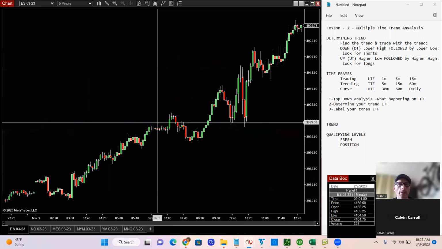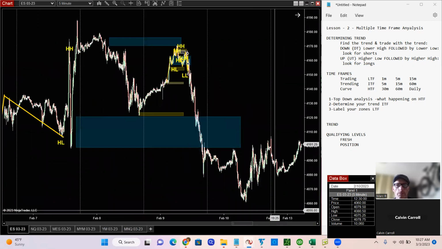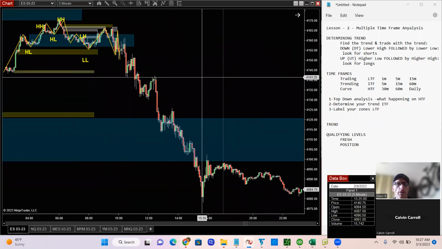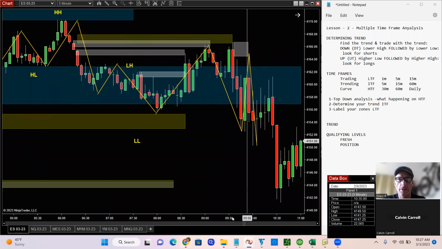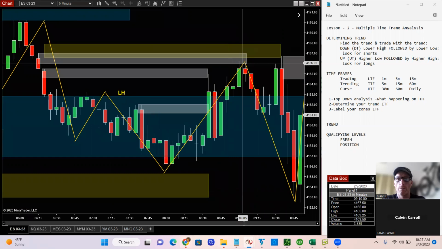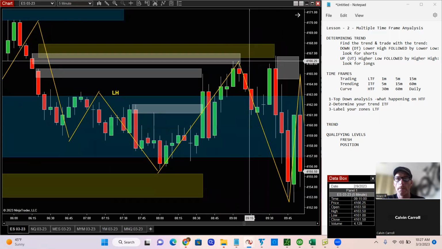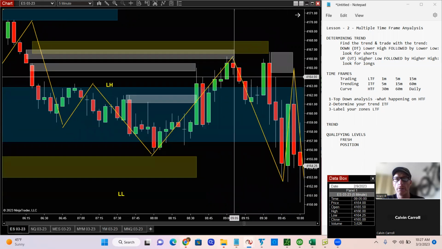Go back to a 5 real quick. See if I'm right. What would you see on a 5 minute chart? You would see that from here, price came back up. Price came up, came down, came up, came down.